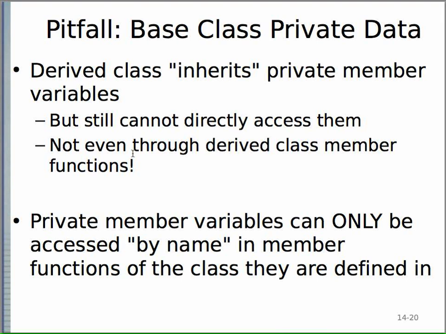Okay, so if you have a member function in a derived class, you cannot access private members of the base class. Private member variables can only be accessed by name in member functions of the base class they're defined in.